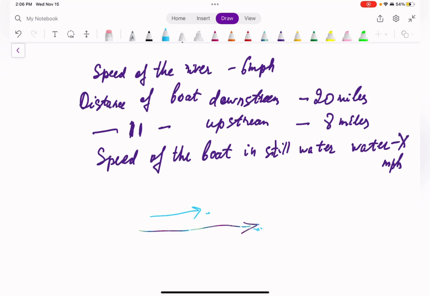But if the river flows this way and the boat goes in the opposite direction, then the flow of the river is going to create obstacles and slow it down, right? Just the same way as a plane with wind.